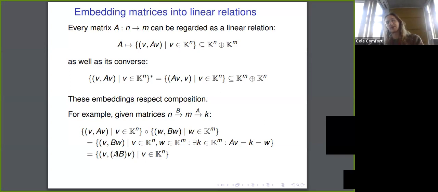I want to stress that this is more general than matrices. So it's not that exotic. You can do all of the normal matrix algebra that you would normally do, plus more.